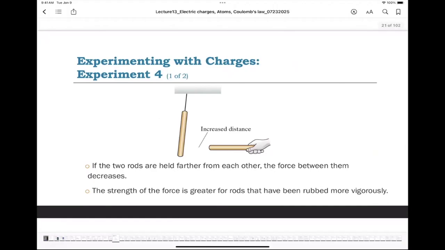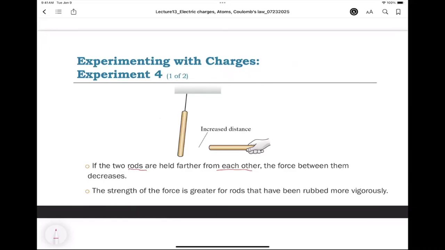If two rods are held farther from each other, the force between them decreases. I think this is easy to understand: the electric force decreases because they are far apart.